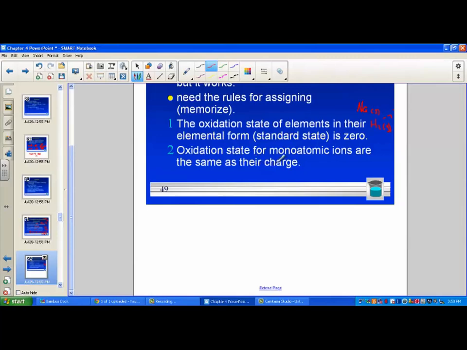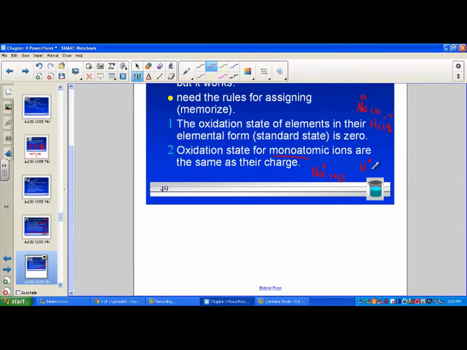Number 2, oxidation states for monoatomic ions are the same as their charge. Monoatomic, a single atom carrying a charge. So up here I said, here's sodium atom, oxidation state of 0. What if I had a sodium ion, oxidation state of +1? Ions only exist in aqueous solutions, so I automatically know these are aqueous.